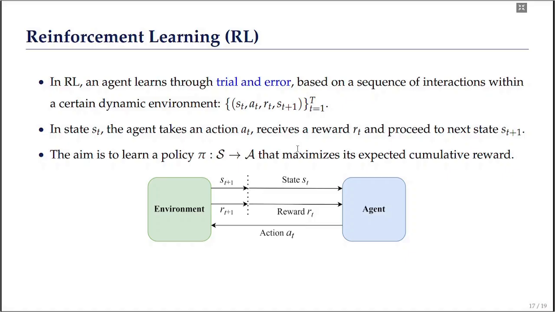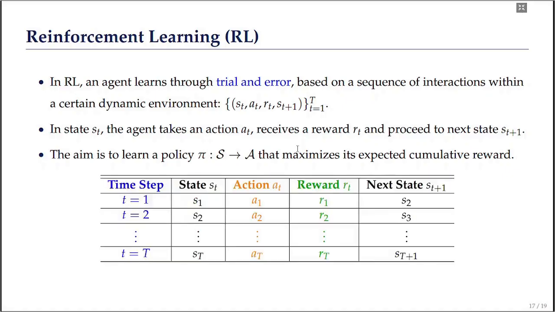The way that the data is going to be structured in reinforcement learning is something like this. At time step 1, the environment may be in state S1, then the agent will select the action A1, and then the agent will receive a reward R1, and after that the agent moves to the next state S2 at time step 2, and again the agent will select the action A2 and then receive a reward R2, and after that it moves to the next state S3 at time step, let's say 3.